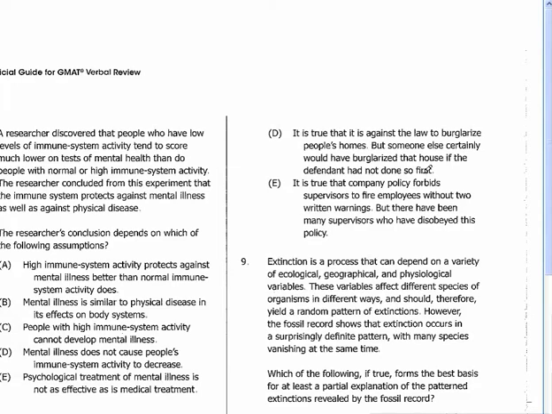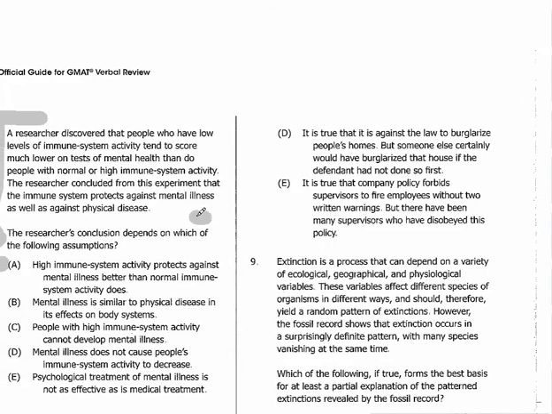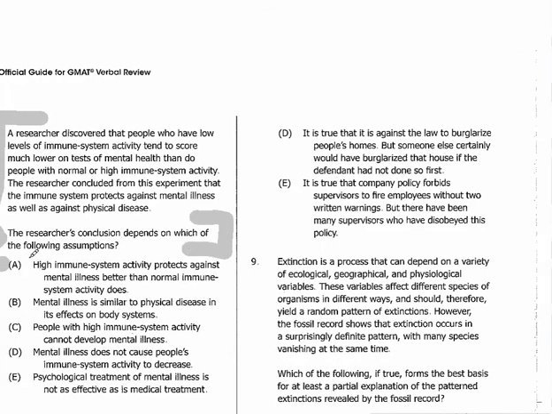So here's a typical question. The first step when you're doing critical reasoning questions is to read the question stem. Here it says on number 7 that I'm looking at, the researcher's conclusion depends on which of the following assumptions. So when you're reading the argument, you can be reading it looking for the researcher's conclusion.